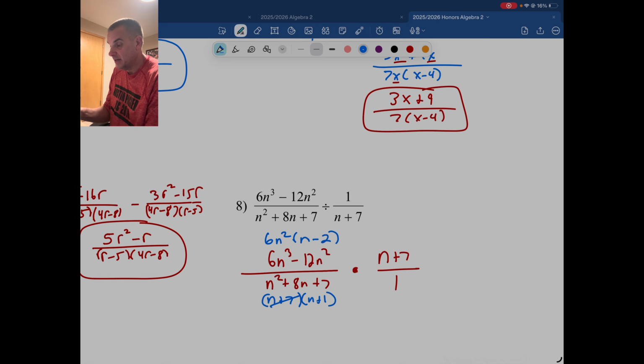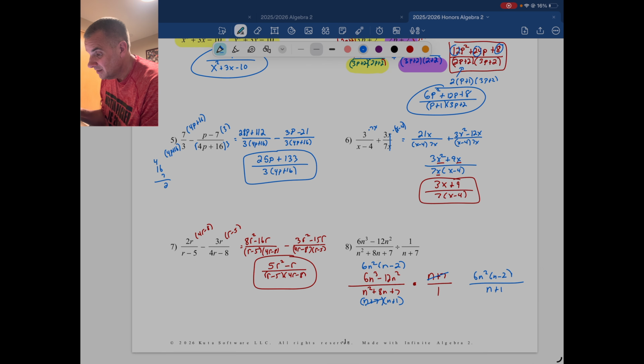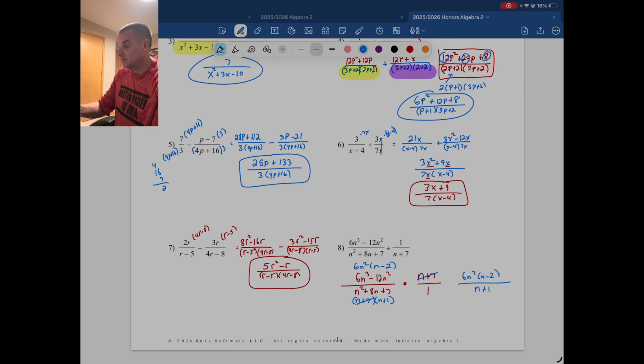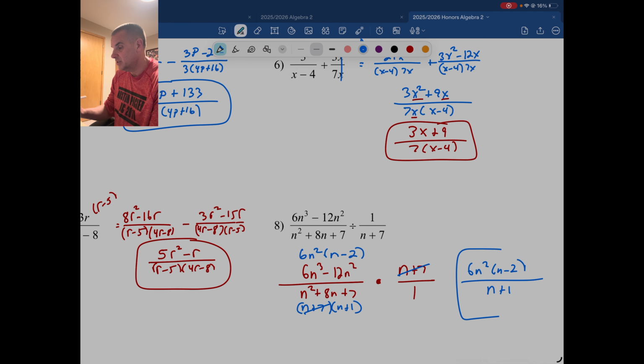So the n plus 7s, now we're multiplying, so we can go across, so those are going to cross out. We're left with 6n squared times n minus 2, which I could have just left as 6n cubed minus 12n squared, all over n plus 1. And it doesn't ask for excluded values in this one. Just simplify the expression. Since it just said simplify the expression, that's all you have to do.